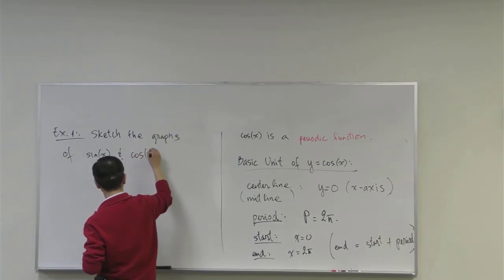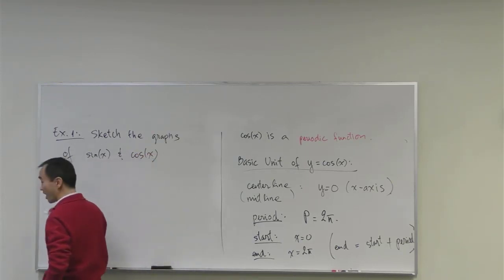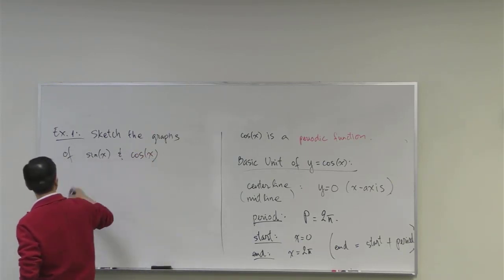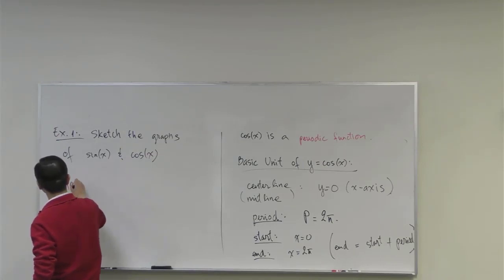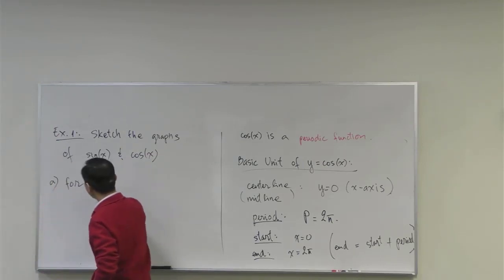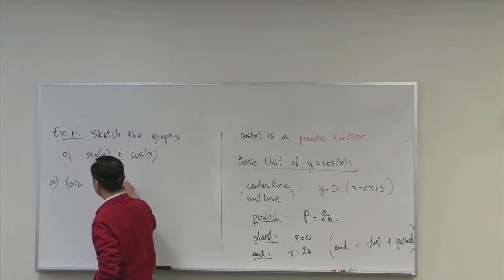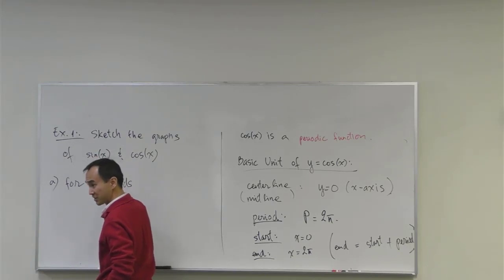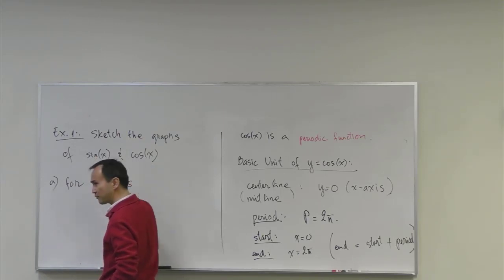Two graphs. But now I have a requirement for you: for about 2 periods. See what I mean? This is a formal term. What I mean is I want you to sketch these with 2 basic units back to back. That's how we formally say sketch those graphs. Each one of these graphs for 2 periods. That's how it says.